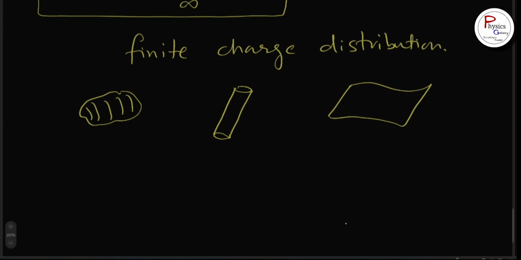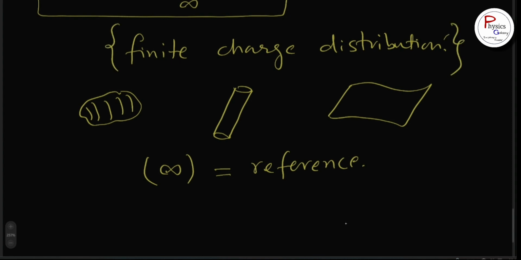Then we can choose infinity as our reference point. Only in this case can we choose infinity as our reference point, and at infinity we know that all fields vanish. All electric fields, potentials, everything vanishes at infinity, but only for finite charge distributions. If we have an infinite charge distribution, then this condition doesn't hold.